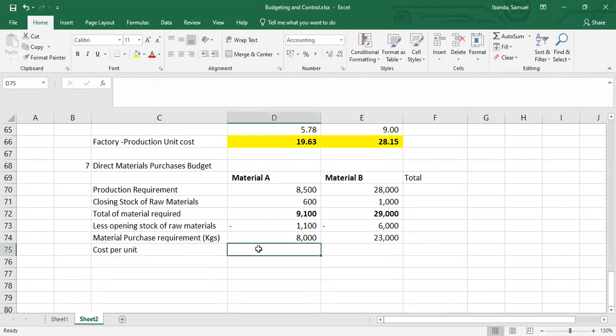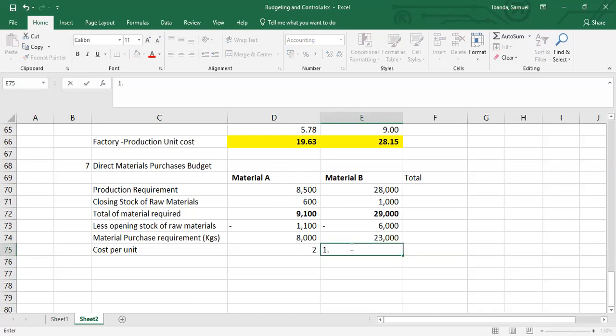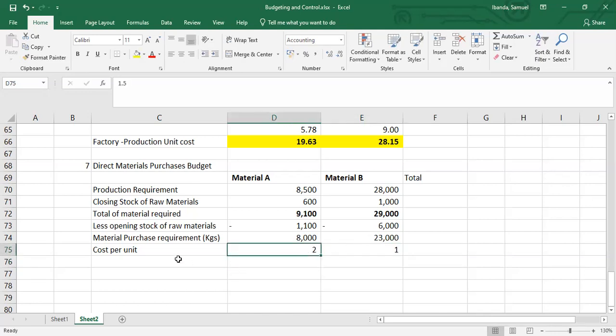Still in Roman numeral 2 on raw materials, they gave us the budgeted cost per kilo of raw material, and it is 1.5 for material A and 1.0 for material B.